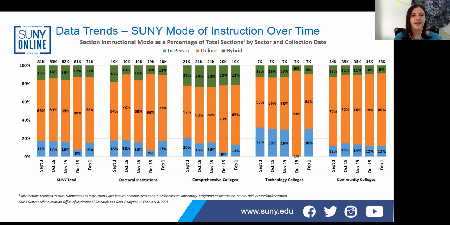So otherwise, I think this is probably what we expected to see. But again, if there were any big shifts, we wanted to be able to document that and report on that. So that is how we collected this data in the fall, and how we're continuing to collect the data in the spring. Just going to pause if there are any more questions about course types or this slide in particular.